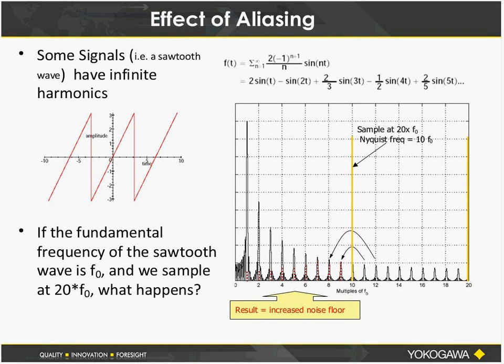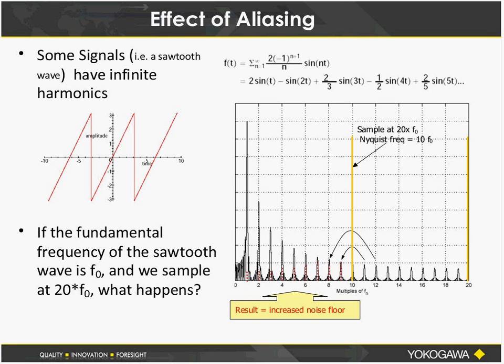This is especially dangerous because in many cases, you don't know what your maximum frequency content is. And in fact, lots of signals have very high frequency harmonics or even infinite harmonics like the sawtooth wave.